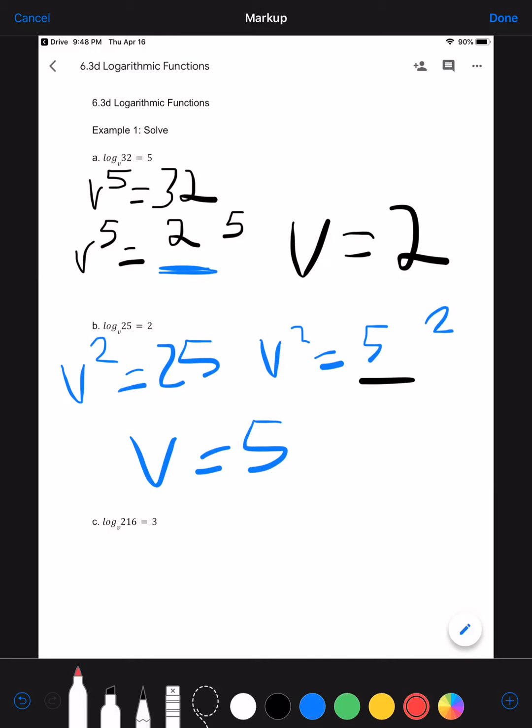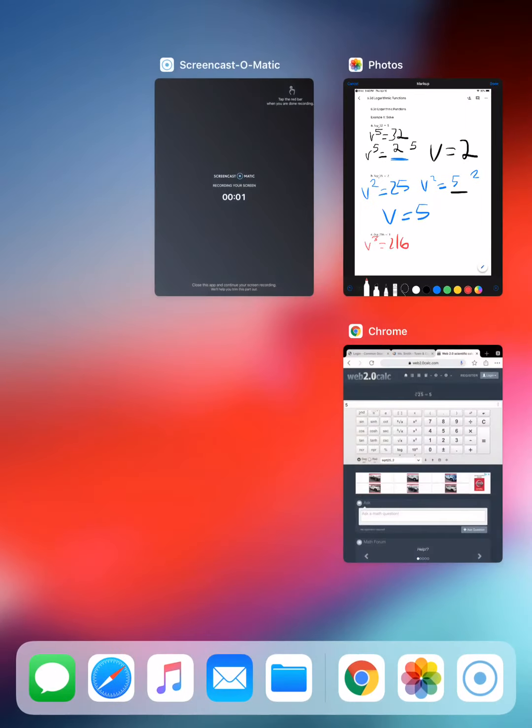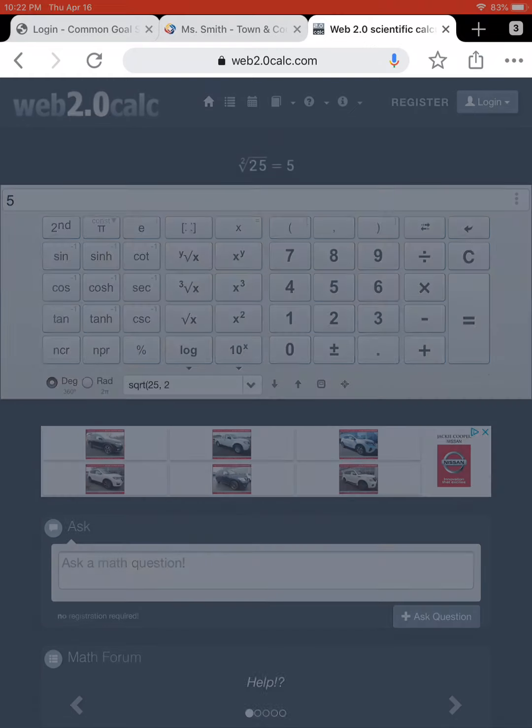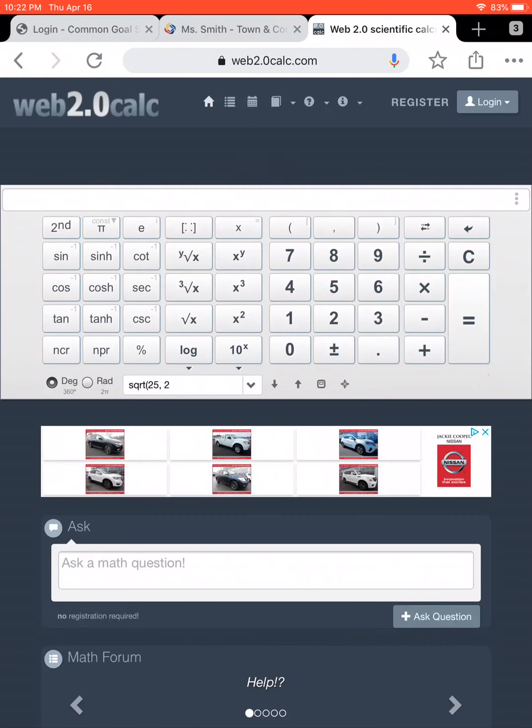Last one. I'm going to do the same thing. You got to switch it around. So v to the 3rd equals 216. I'm going to go back to that calculator. I'm going to start by clearing it out just to make it easier on myself. I'm going to hit our y square root x, big number first, so 216, and then comma.